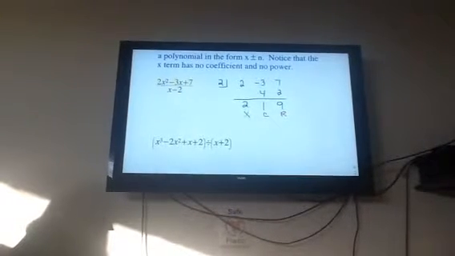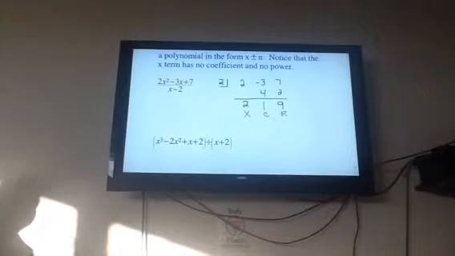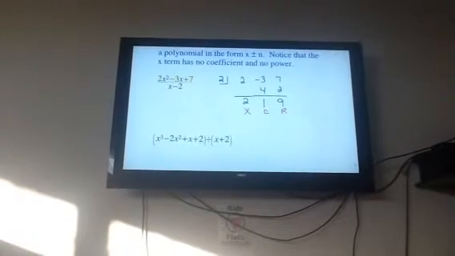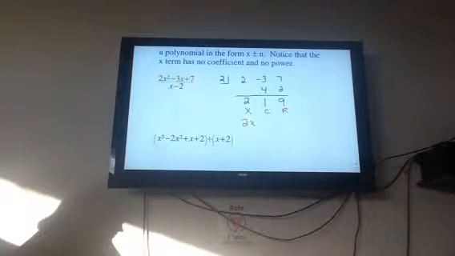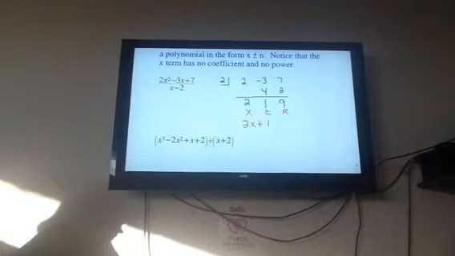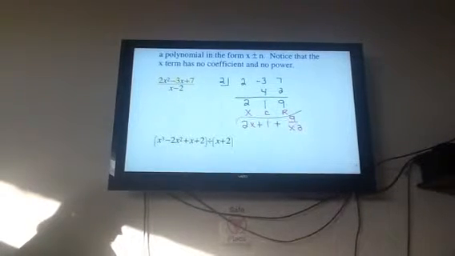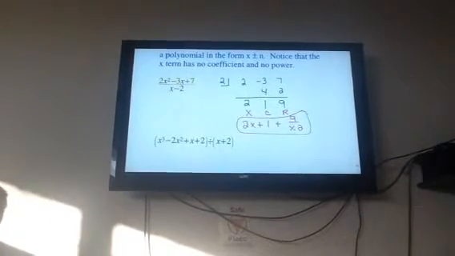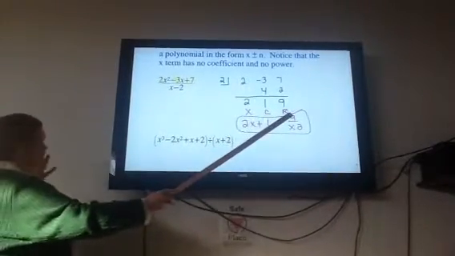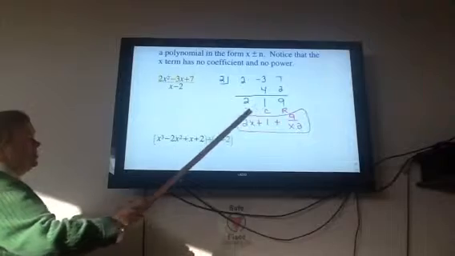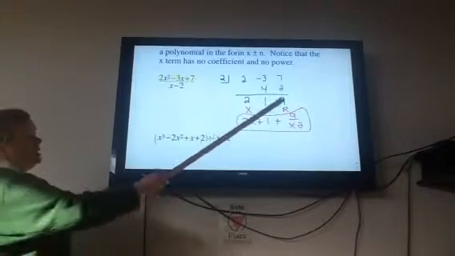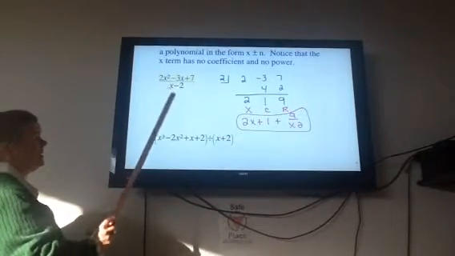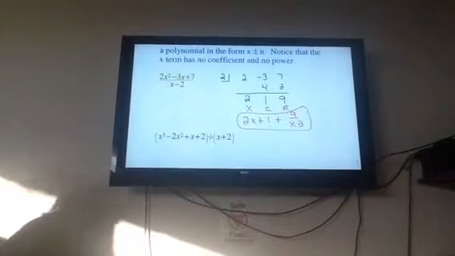This is my x term, and then I would continue to go on to x squared, x to the third, etc. So when I write my answer now, this represents 2x plus 1 plus 9 over x minus 2. So the last number represents your remainder, and then your constant, and then your x. So this represents 2x plus 1 plus 9 over, remember how we write our remainders, we're dividing by x minus 2, so we write that as x minus 2.